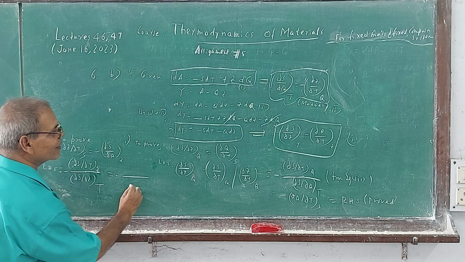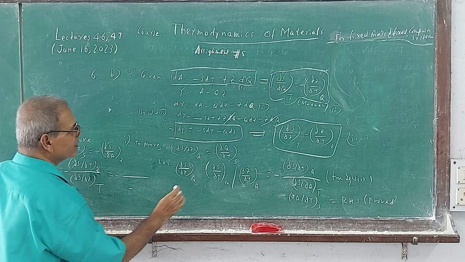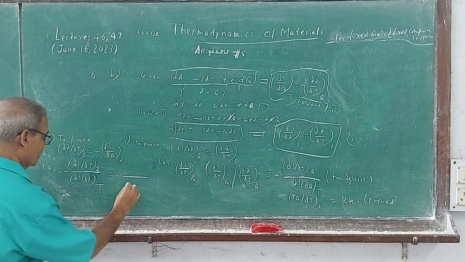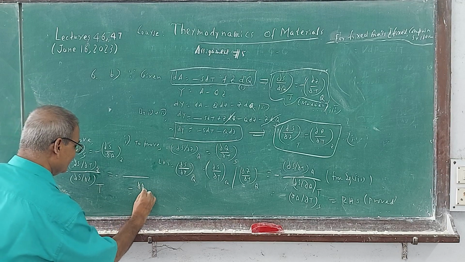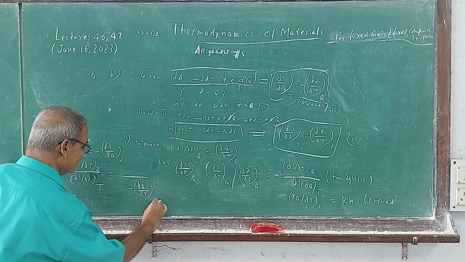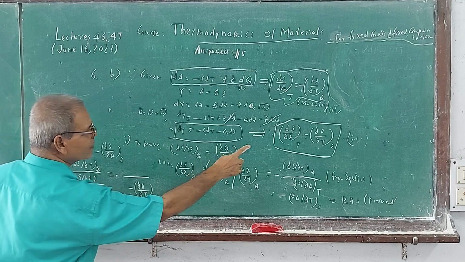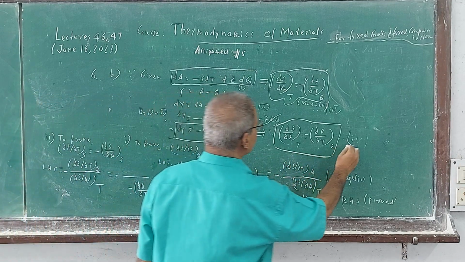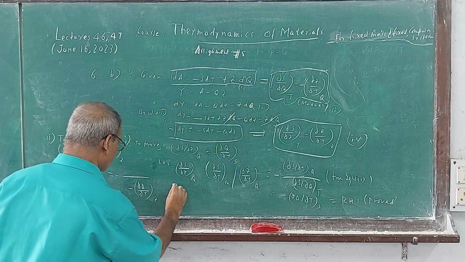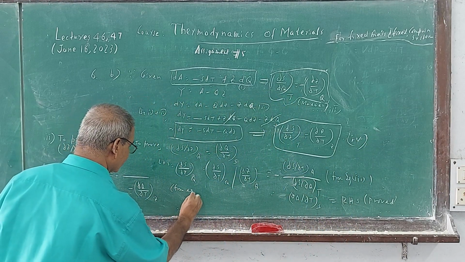The derivative is what? Minus del Q by del T at constant Z. From which equation? This was equation 4. Write this 4. From equation 4 you write here. You are almost done.